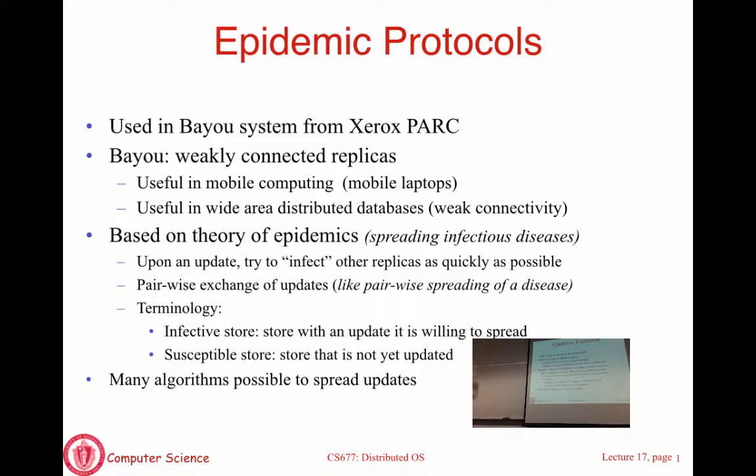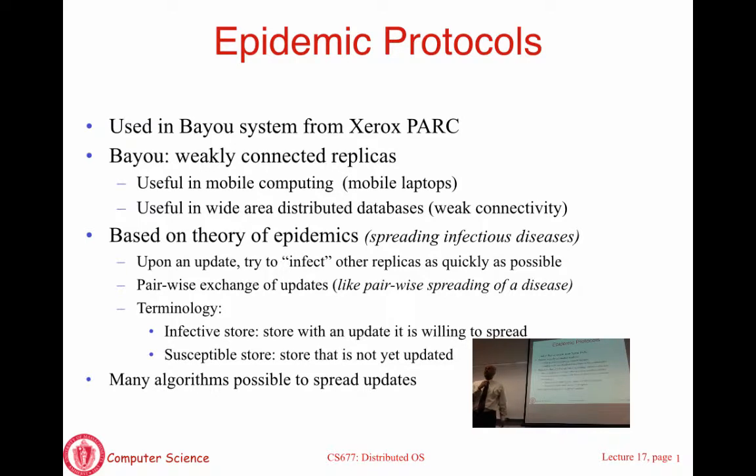So if you have environments where some nodes come and go, and mobile environments are a good example of this, they frequently disconnect from the network. Maybe if you have a phone, you go on an airplane, your phone is going to be disconnected from the network, because you'll turn it off or put it in airplane mode or some such thing.